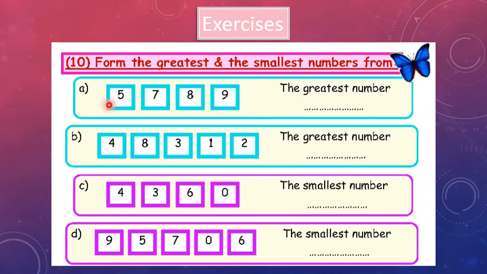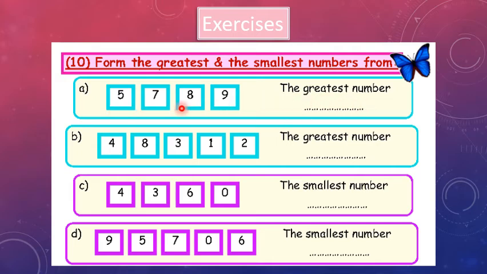Then arrange it until you finish your greatest number. And to have the smallest number, we must put the smallest digit in the highest place value. Here we have in the first one the greatest number.